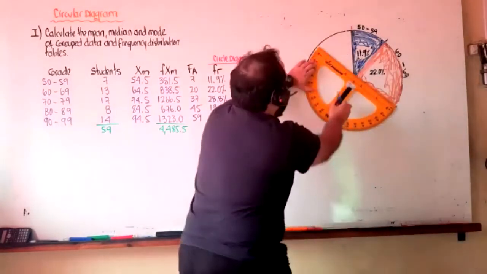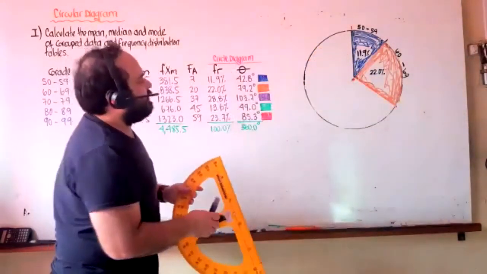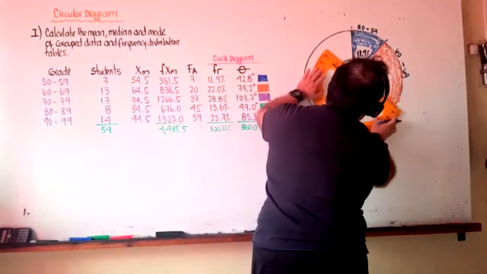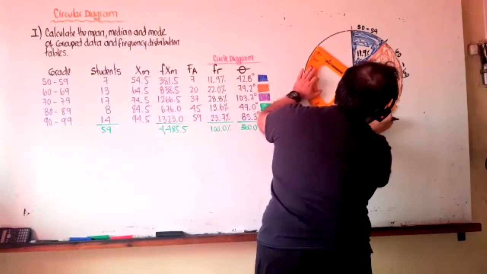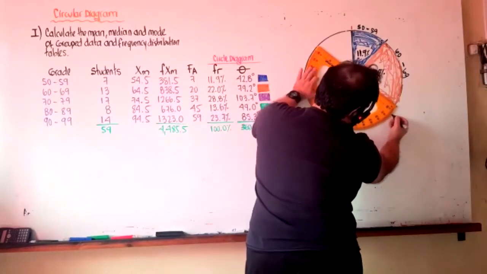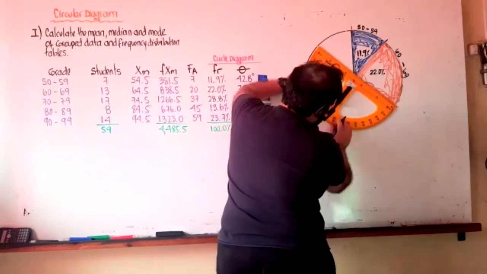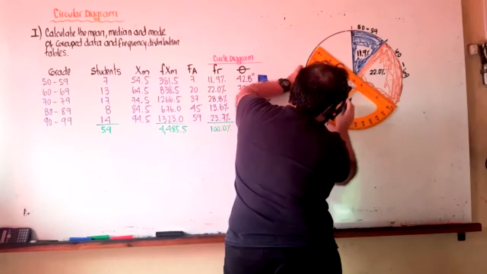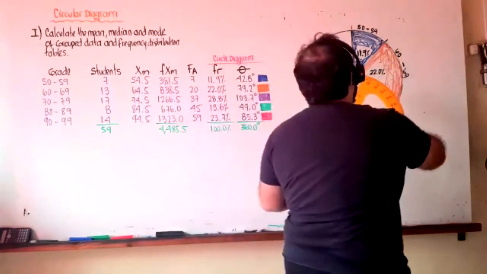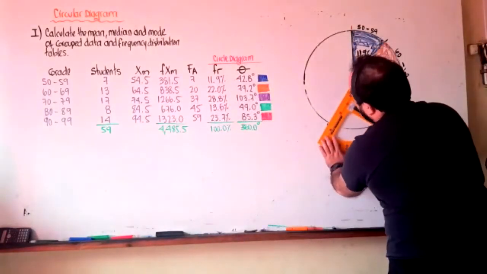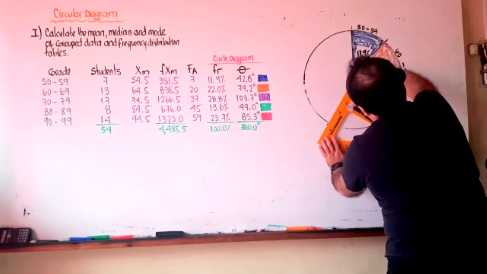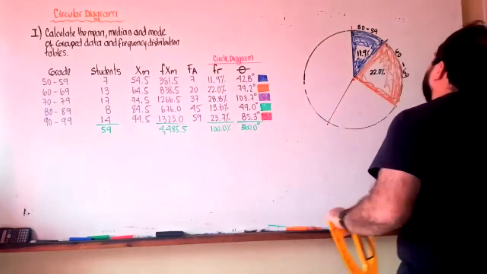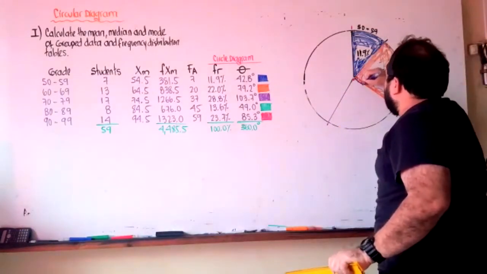And we want to mark how many degrees? 103.7. This is 103, 1, 2, 3, 104. We're going around over here, and the new position will be around over here. This is going to be the new one.